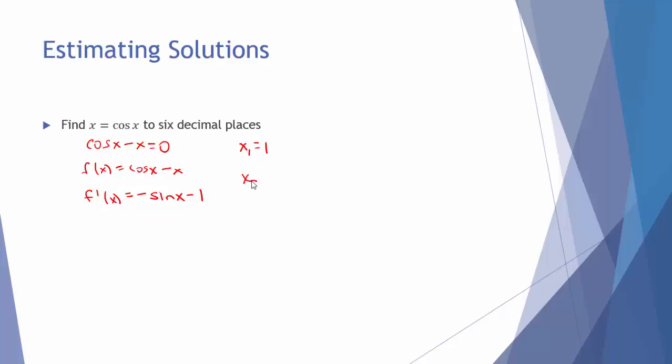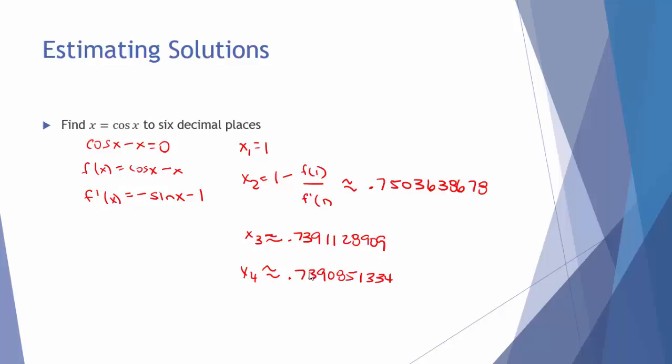So for x sub 2, we're going to take 1 minus f of 1 over the derivative of f at 1. I used the calculator straight off for this one. I got 0.7503638678. Here's what I got for x sub 3 and x sub 4.